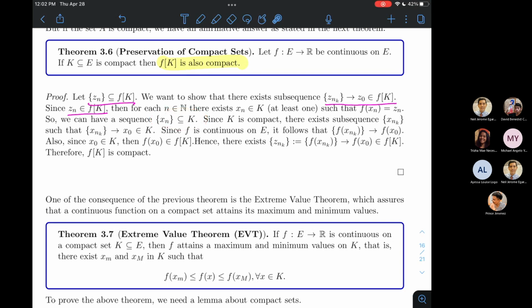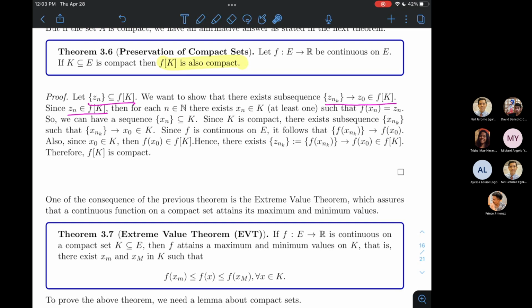And by doing so, I can create a sequence ng mga x sub n na nasa loob ni K. Is that okay? Medyo kailangan ko lang i-rewrite ng konti itong proof na to. Alright? So, kailangan ko sabihin paano ko kinonstruct yung x sub n. Kinonstruct ko yung sequence x sub n by selecting x sub n to be one of the pre-images of c sub n that belongs to K. Alright? So, bakit ba gusto ko na yung sequence x sub n ay maging element ni K? Kasi para magamit ko yung assumption na si K ay compact.